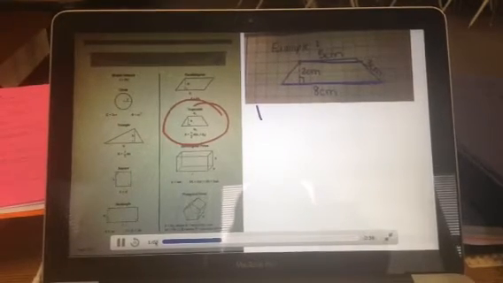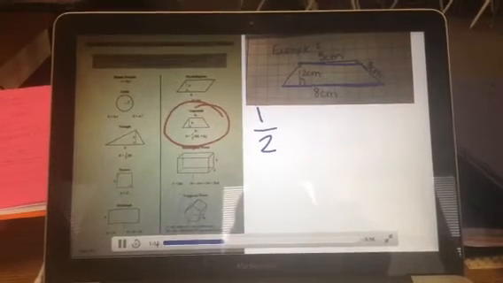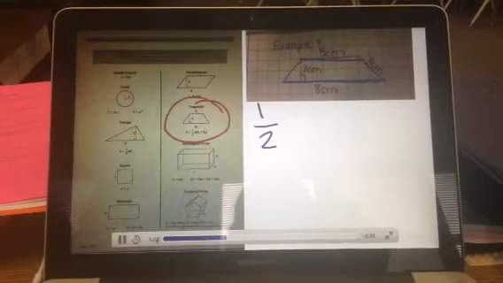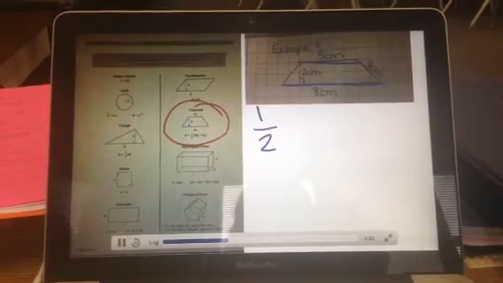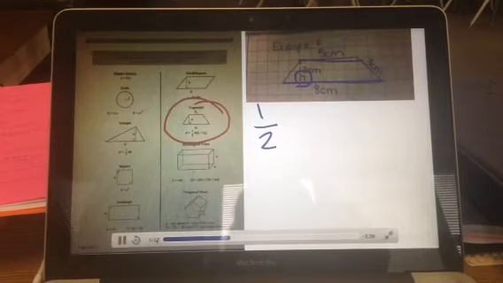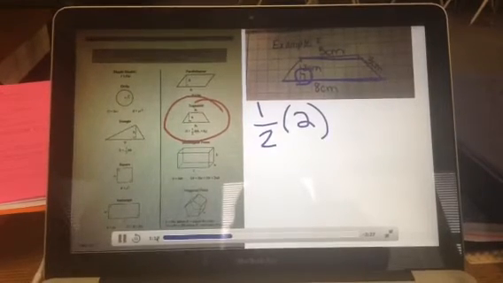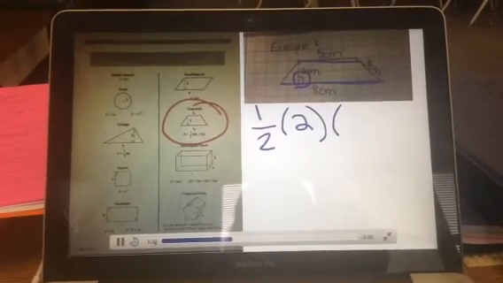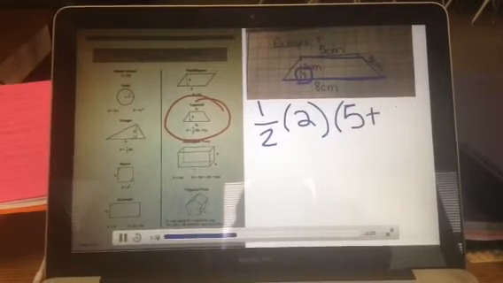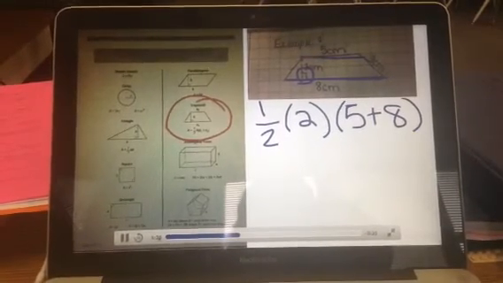So we have 1/2, the height. Be careful, the height is always shown with a 90-degree right angle, so our height is 2. And then our bases are 5 and 8.